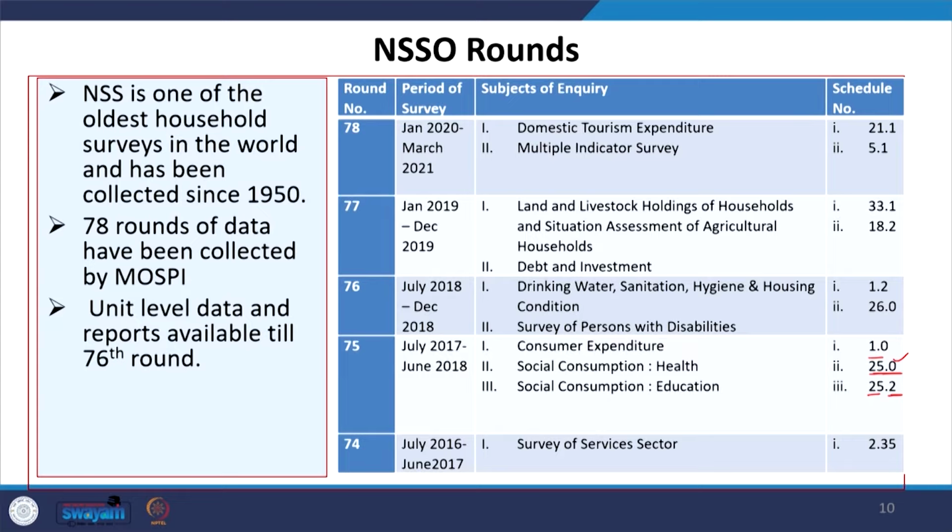And the 77th round is on livestock holding of households, situation assessment survey of agricultural households, debt and investment as well. The latest round available at this moment is the 78th, on domestic tourism expenditure and some multiple indicator survey as well.